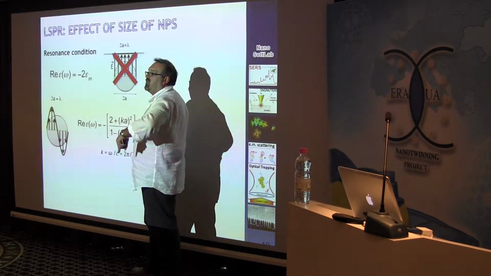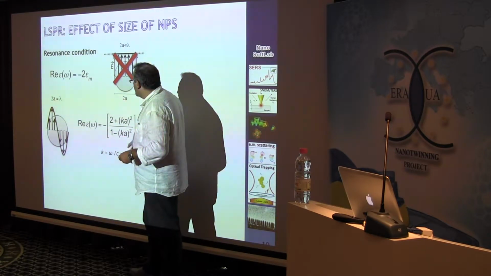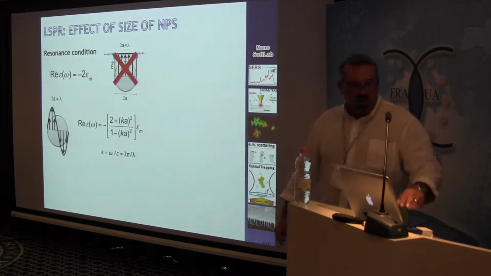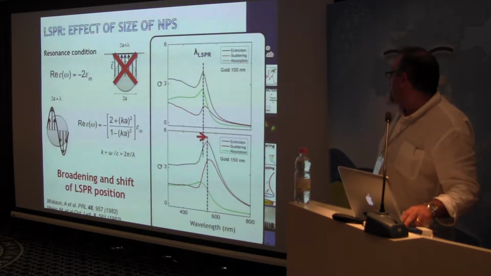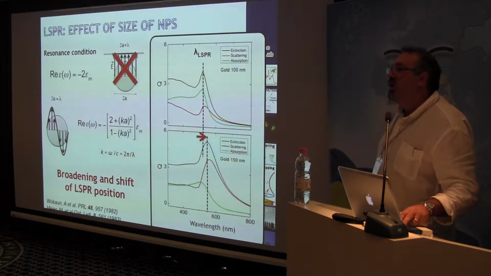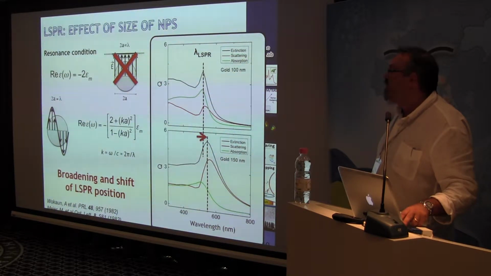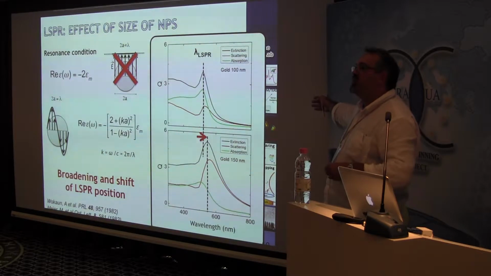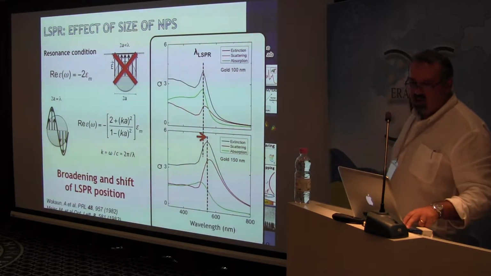But since the electromagnetic field is oscillating and varying in space, we have to take this effect into account, and it typically broadens and redshifts the localized surface plasmon resonance. The larger the nanoparticle, the more redshifted is the resonance.